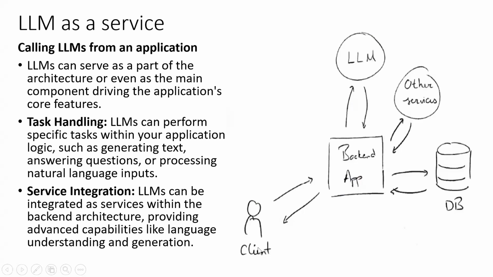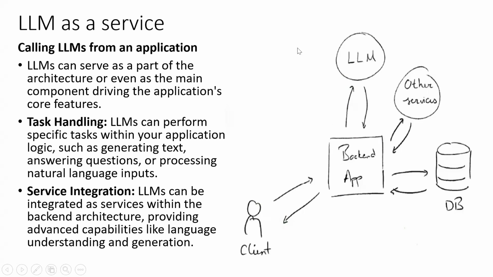Client interface means you have those screens or user interfaces where people log in and interact with the backend application. Backend is the application which is deployed on your server. And now this server is not basically the LLM. There is a backend application and it interacts with the database, it interacts with some authentication services. At the same time, it also interacts with the LLM.